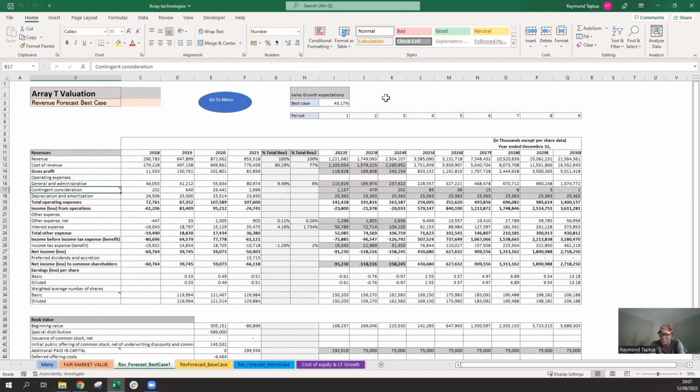We are going to do the same for the line contingent consideration. The contingent consideration for Array Technology represented two elements. One was the earnout, and the other was the tax receivable agreement. The earnout has been paid, and the remaining element is the tax receivable agreement, which I expect to be paid. I expect the charge from that element to lose importance and to be almost insignificant around 2030.